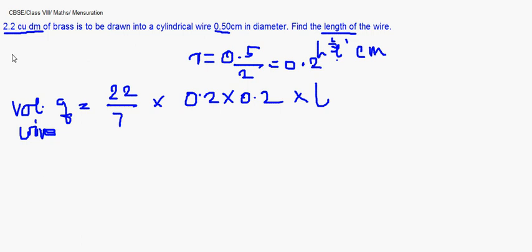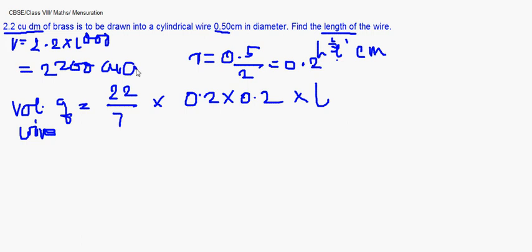So the volume of the brass used is 2.2 into 1000, which is 2200 cubic centimeter. This volume has been converted into a wire, so the volume of the wire is equal to 2200.